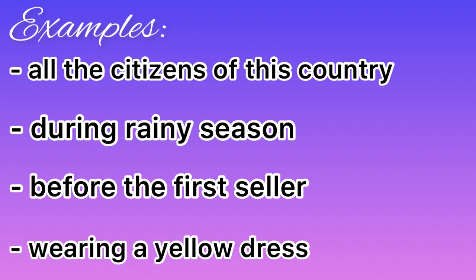Wearing a yellow dress. Now, these are examples of phrases that are available in this video. You can find out more examples on your own. Just make some sentences and try to derive some phrases from them, and you get to see that there is no confusion at all about identifying a phrase.